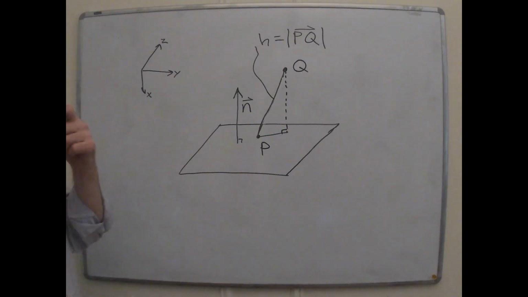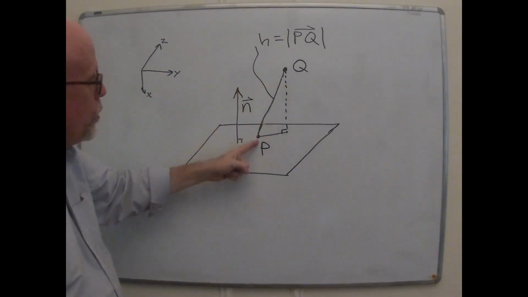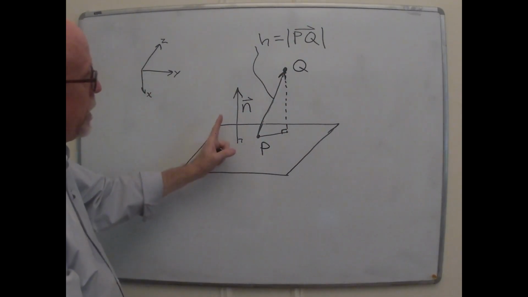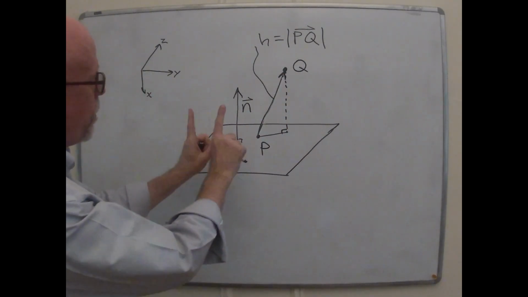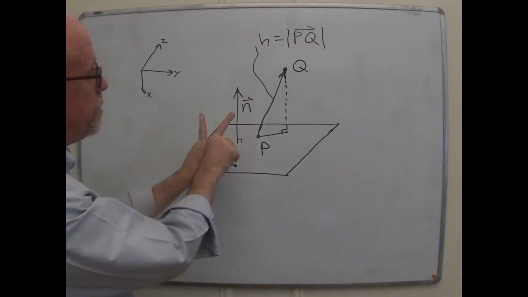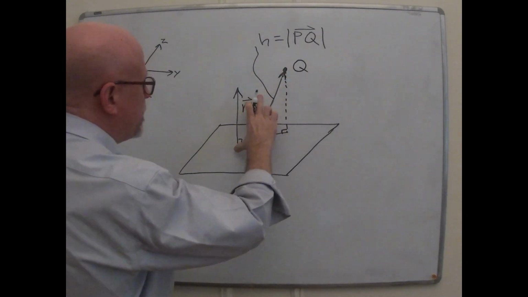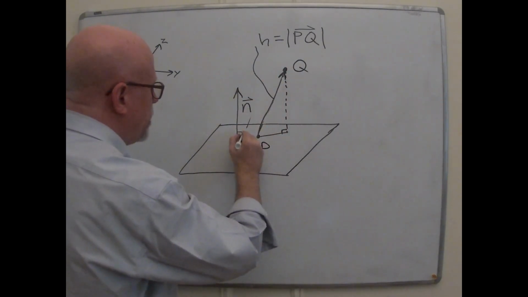Or is it the side adjacent? Wait a minute. You have to think about where the known angles are. If I had vector PQ, I might as well draw it as a vector, and I have vector n, those two things have an angle between them, right? And it looks like I might have to translate this over here and see what the angle was there.